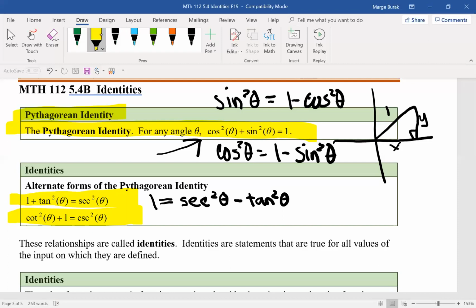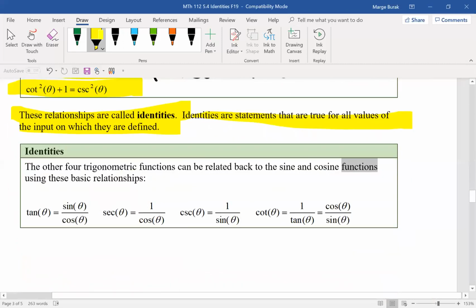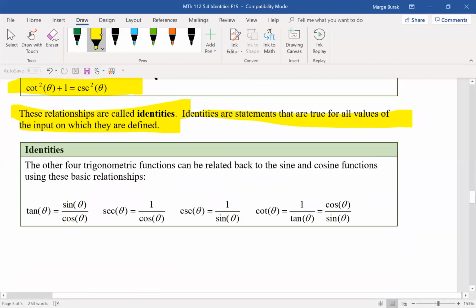So we can do these. That's the reason I can put all of them together, depending on whether I need sine or cosine.